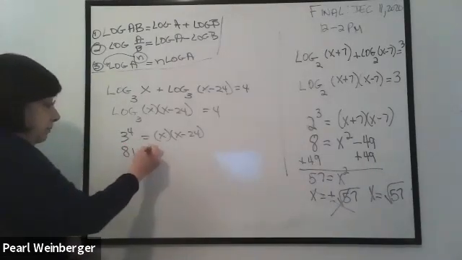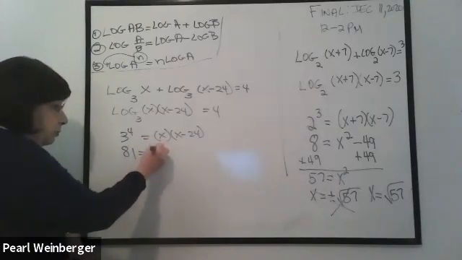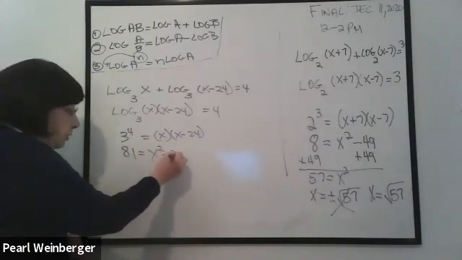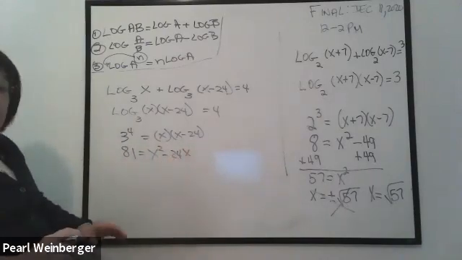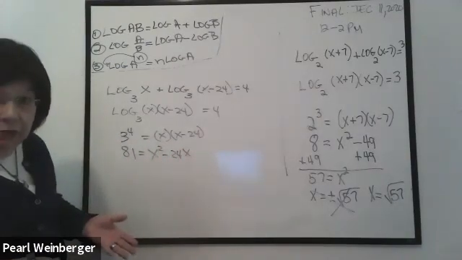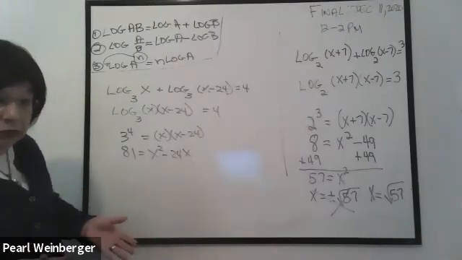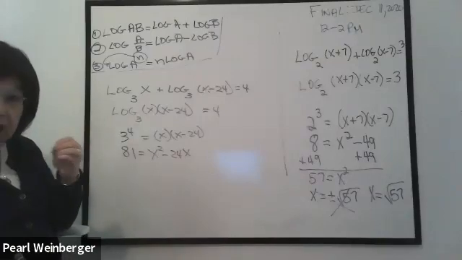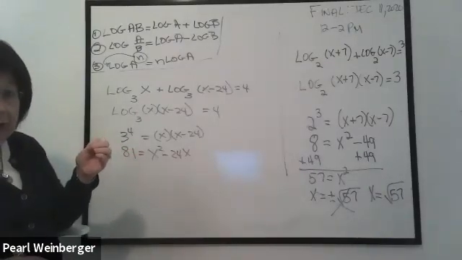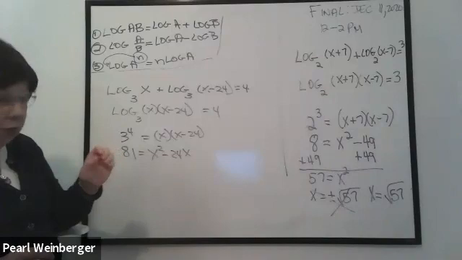And this becomes x squared minus 24x. And it turns out that what we're dealing with here is a quadratic equation. And we want to solve this quadratic equation. And we know when we want to solve quadratic equations, we want to get them equal to 0.